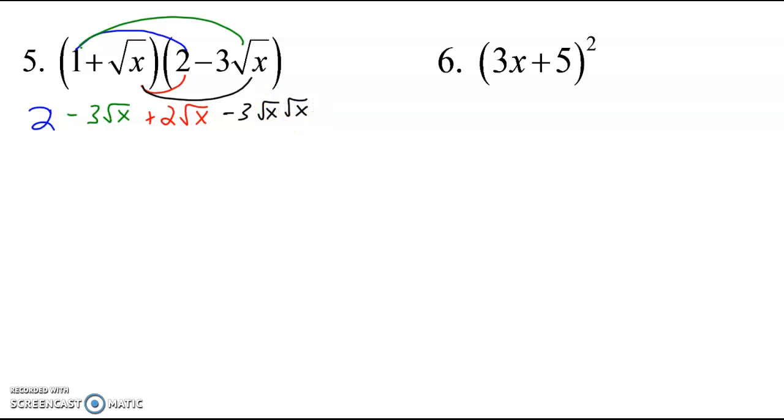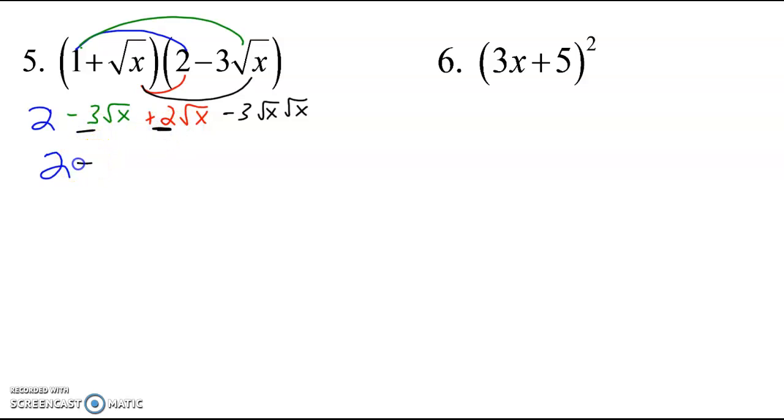Okay, so if we simplify this, 2 stays there. So we have a minus 3 times square root of x plus 2 times square root of x. So it's like, that's how many square root of x's you have. Okay, so you can add like terms since they're the same radical, same index. So we have a negative 3 and a positive 2.